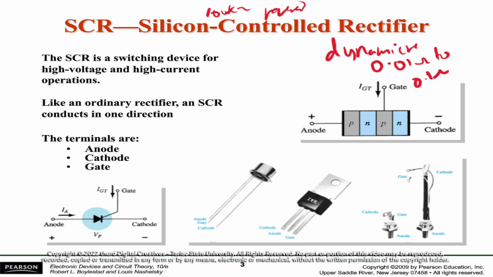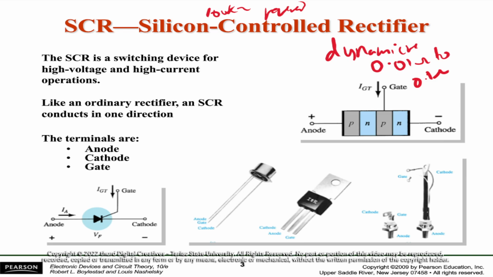So meron tayong tatlong terminal nga, anode, cathode, gate. So meron tayong anode, okay, which is the positive side, cathode, then gate.